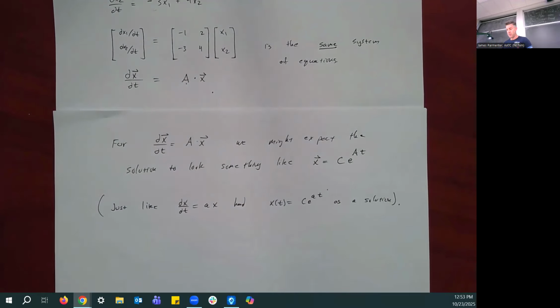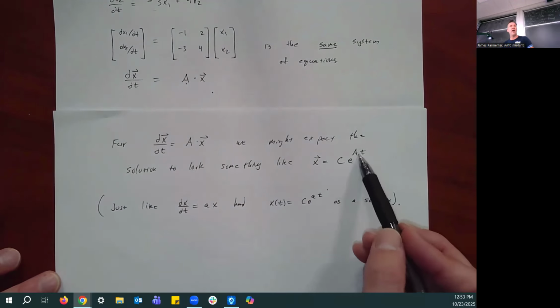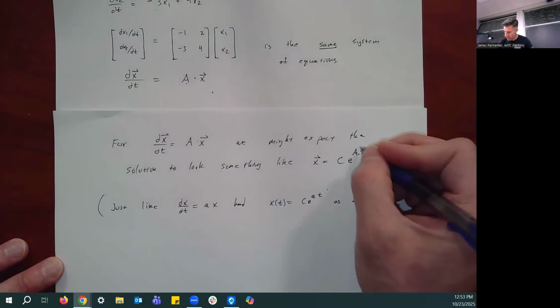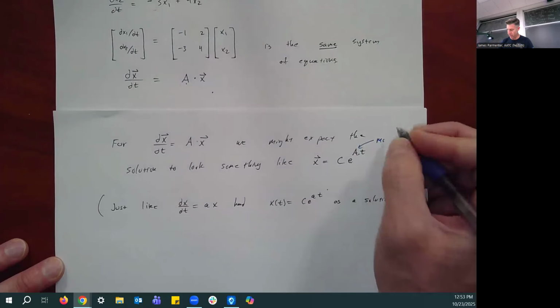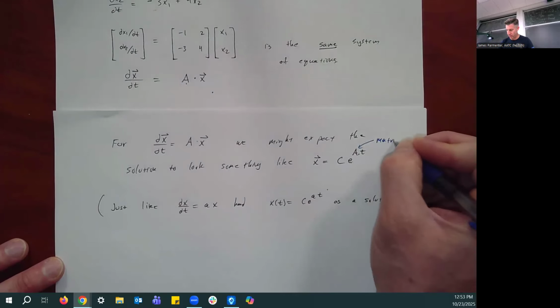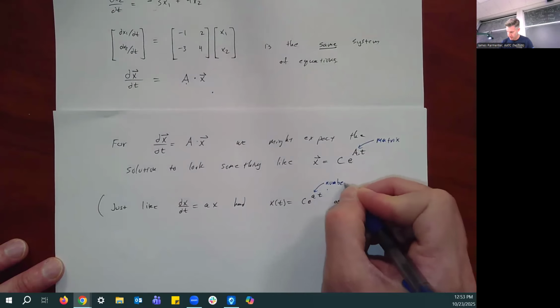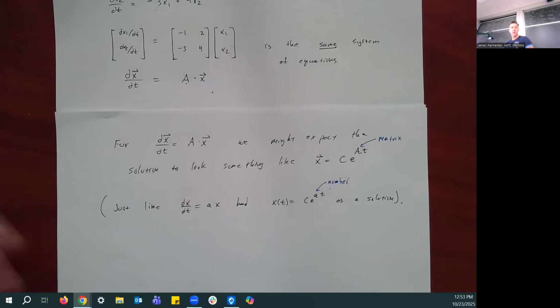So the problem is e to the power of a matrix isn't something we can really deal with, right? This A here is the 2 by 2 matrix, -1, 2, -3, 4, or whatever matrix we're dealing with, whereas the a there is just a regular number. That makes sense. That, not so much.